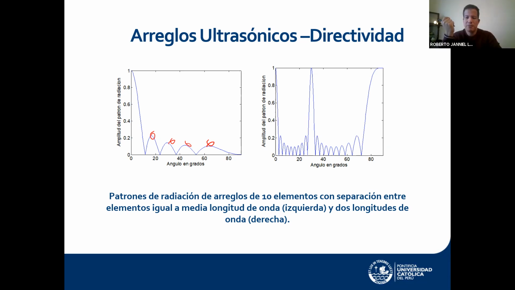The number of elements remains the same, but because the spacing increased, the overall length of the array increased. And because you have a bigger array, if you look at the directivity as a function of the radiation angle, then you have a narrower main lobe, right? But what else do you observe?